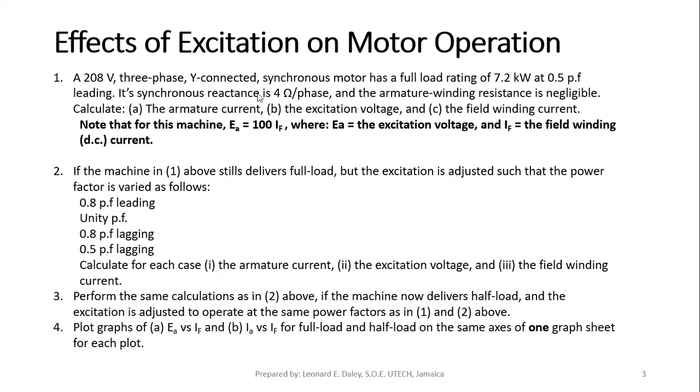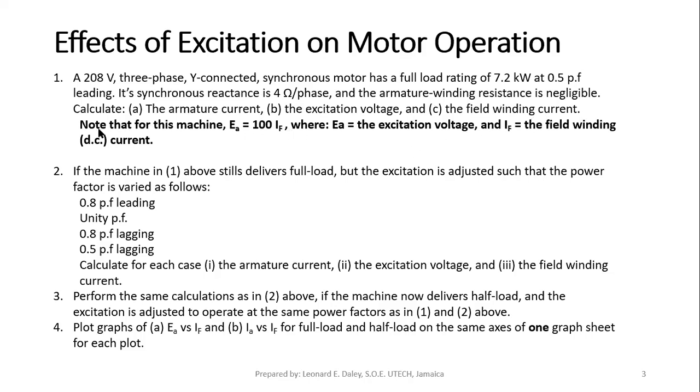Its synchronous reactance is 4 ohm per phase, and RA is equal to 0. And we are asked to calculate the armature current, the excitation voltage, which is what we also call the generated voltage, and the field winding current.